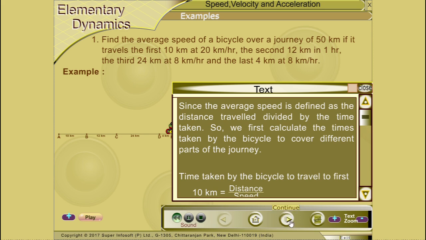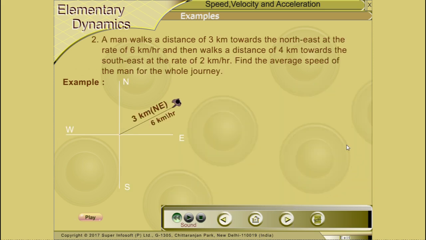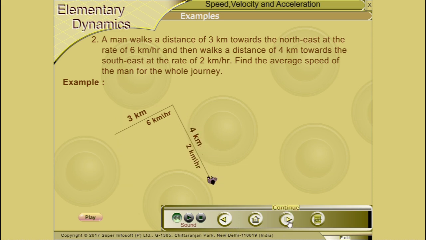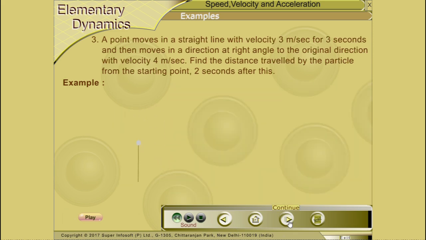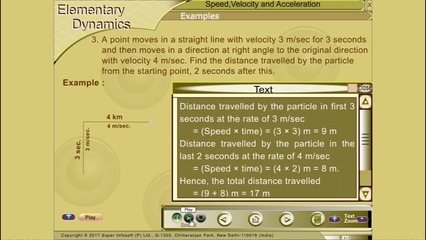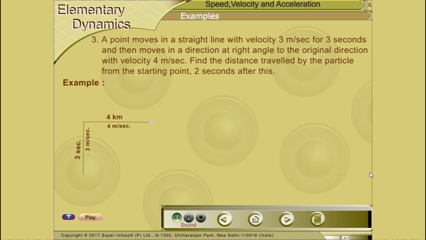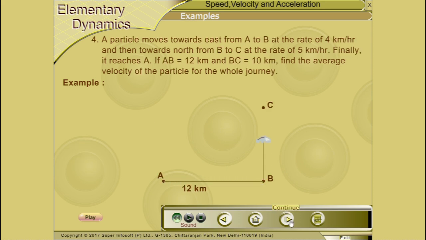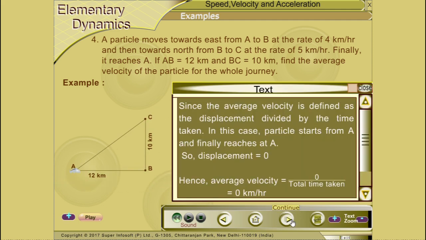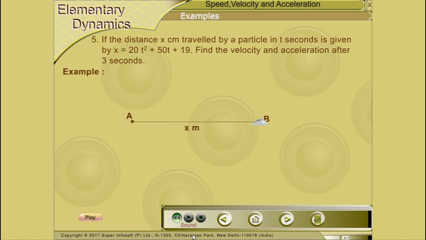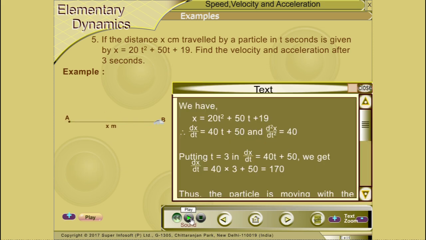Since the average speed is defined as distance over time, the distance traveled by the particle in the first 3 seconds at the rate of 3 meters per second equals x.